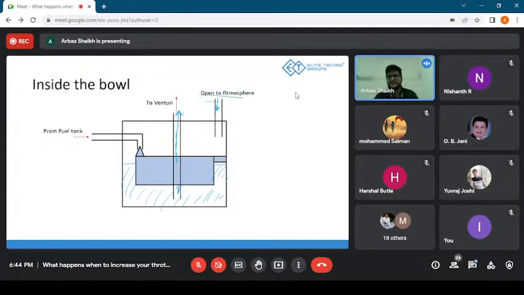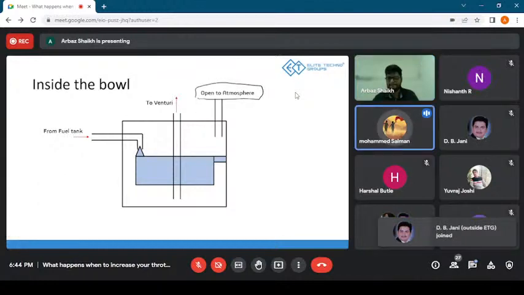So why do you think we need an atmospheric opening? Could someone tell me? Why is there an atmospheric opening over here? If not, the liquid does not flow. Even in our building water tanks, we will have an open empty space for the passage of air.